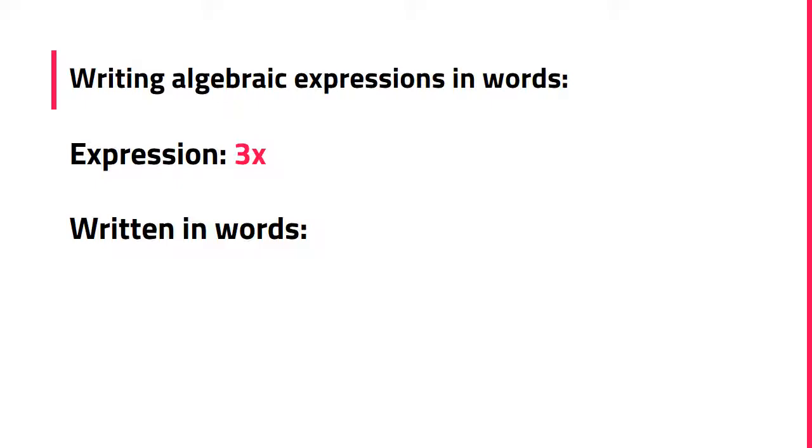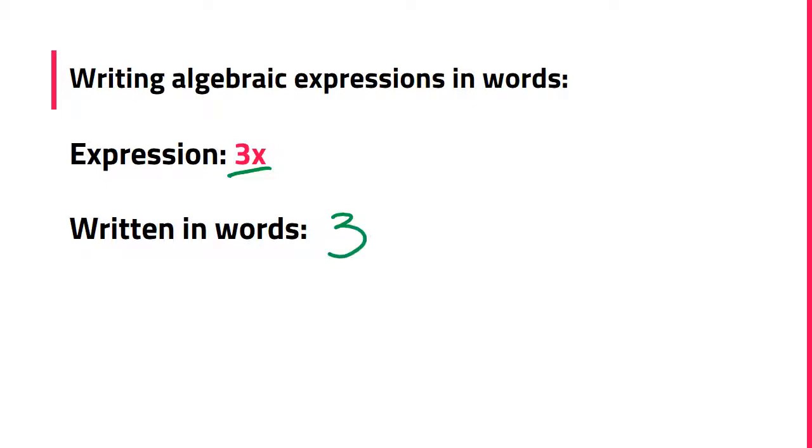Now let's try the reverse. What if you're given the expression and you need to write it into words? So let's go through this example together. The expression is 3x. Okay? So we're going to use our vocabulary to write a sentence.